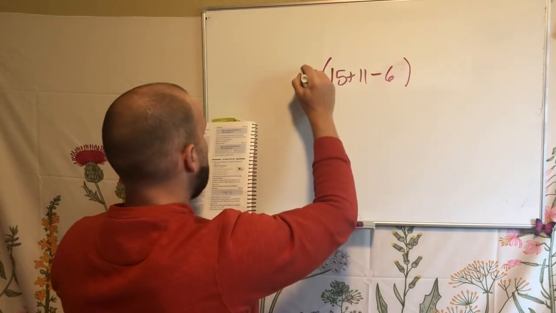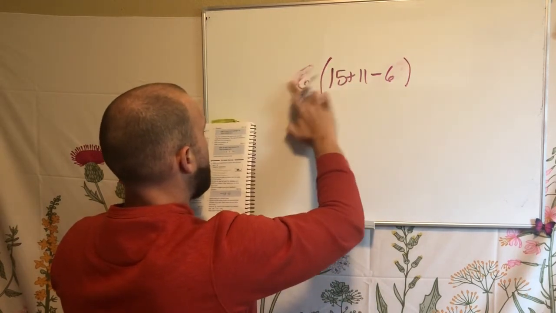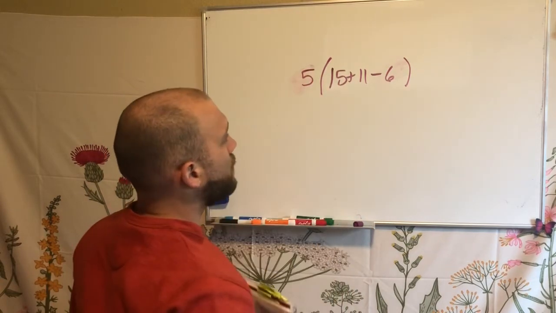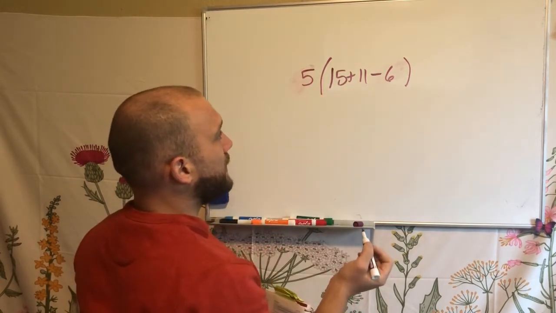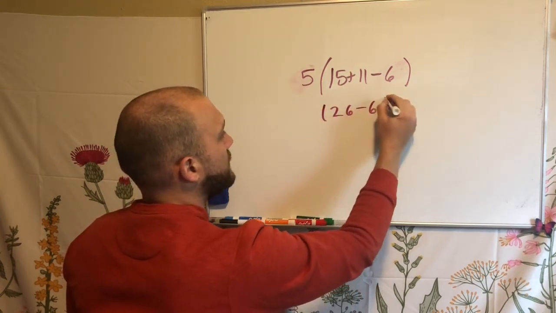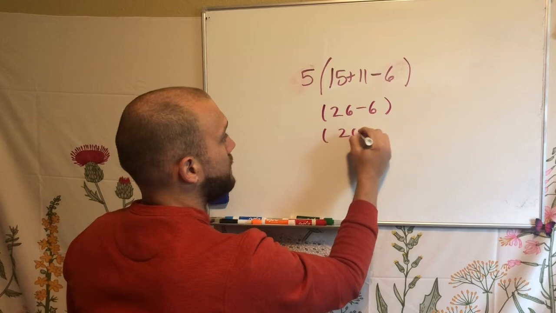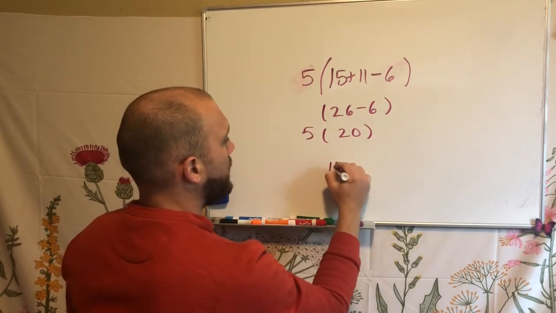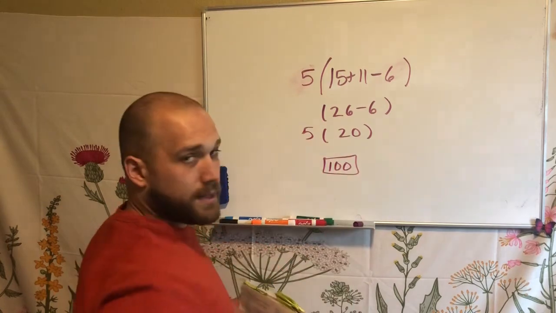Multiply this quantity by 5. So, what's 15 plus 11? 26. Minus 6 is 20. What's 20 times 5? 100. There's my answer.